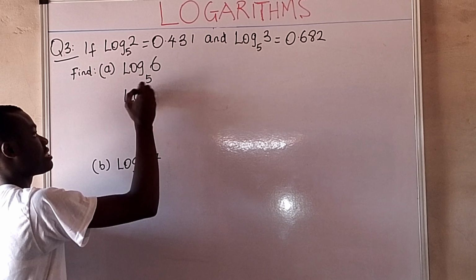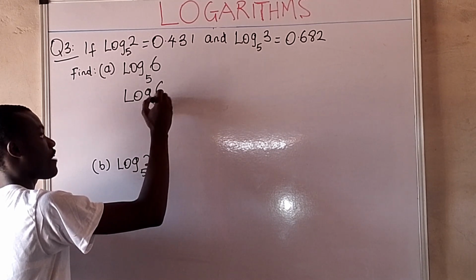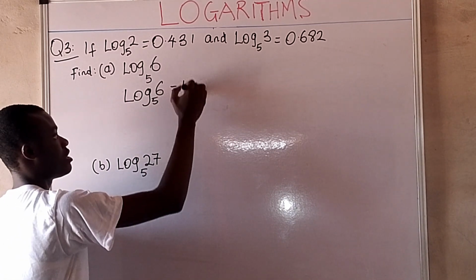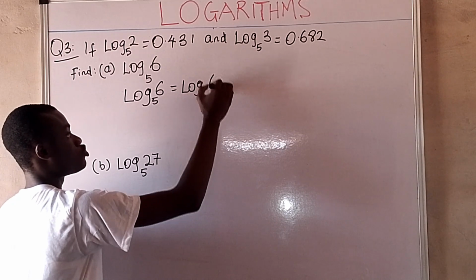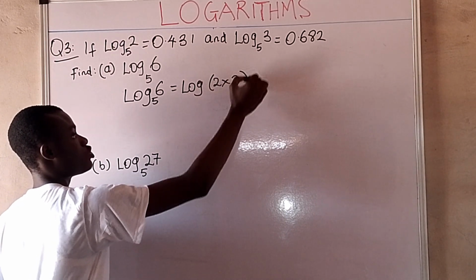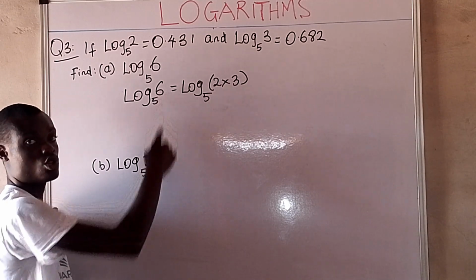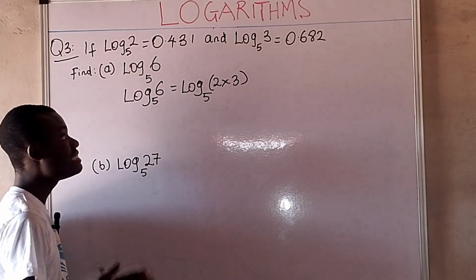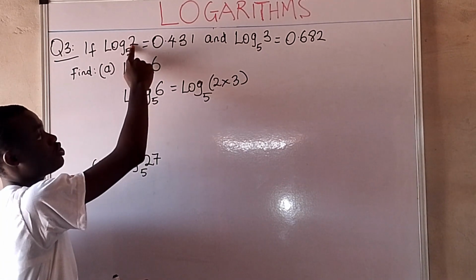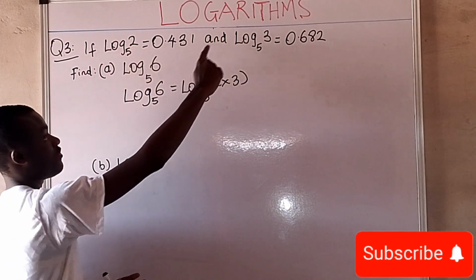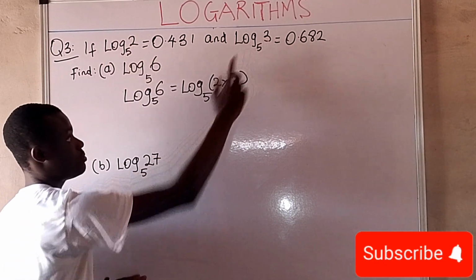Now log 6 to the base of 5 can be written as log 2 times 3 to the base of 5. Now, 2 times 3 will give us 6. Also, 1 times 6 will give us 6. But in this case, we don't have the values of log 1 to the base of 5 or log 6 to the base of 5.